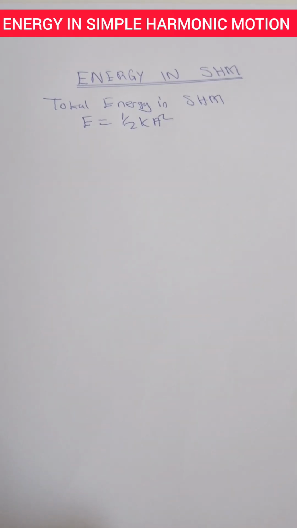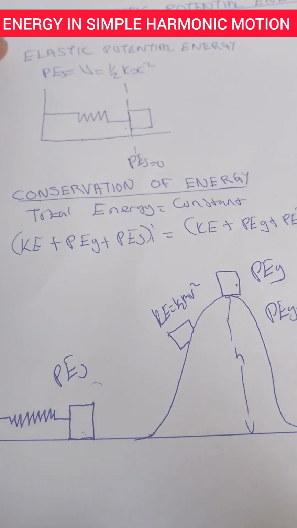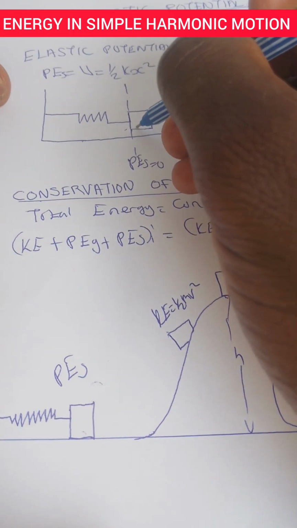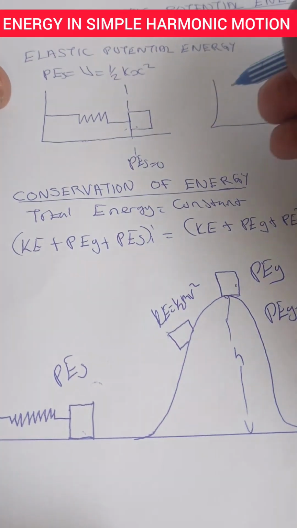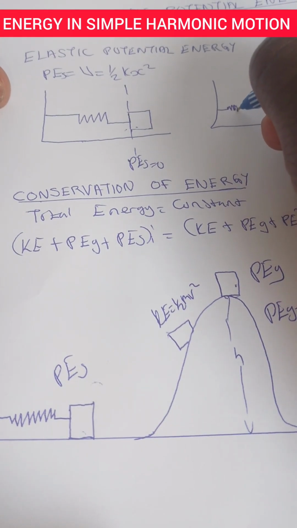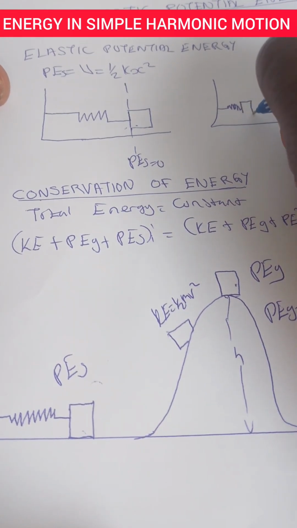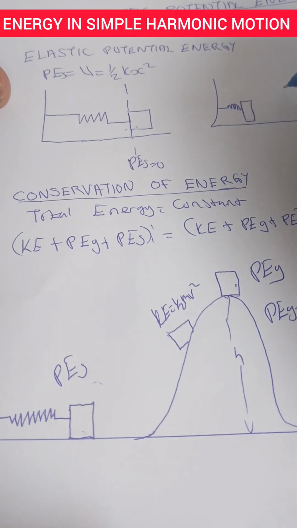What does A mean? A is just the amplitude. And what is the amplitude? The amplitude is the maximum displacement. For example, this spring compresses like this, then the object comes somewhere like that, meanwhile the equilibrium is over there.